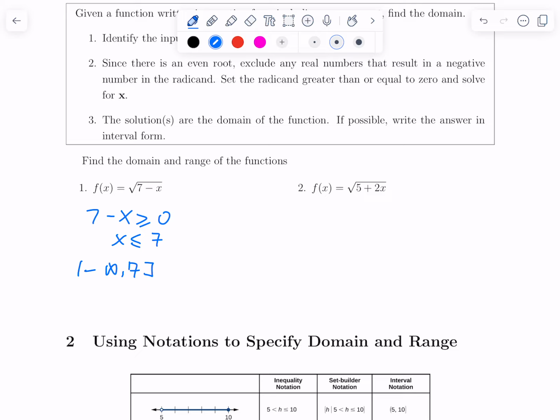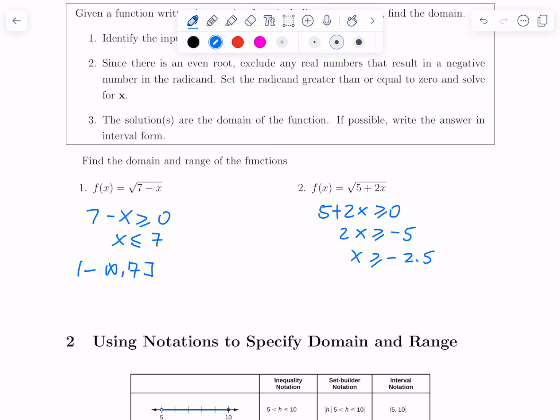So the next question will be the same. If you have the function f of x equals square root of 5 plus 2x, you need to have 5 plus 2x greater or equal to 0. So 2x is greater or equal to negative 5. x is greater or equal to negative 5 over 2, which is negative 2.5.